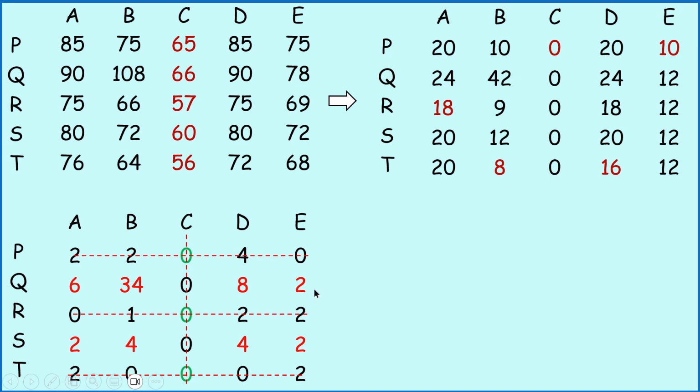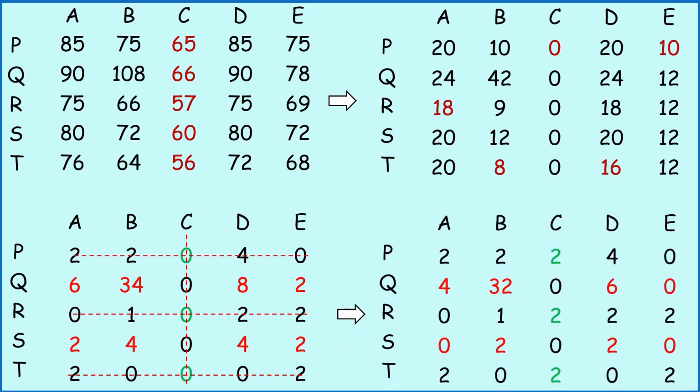The 2 is the lowest element, so subtract 2 from every uncovered element. If we subtract 2 from every uncovered element, the resultant matrix will be like this. So 6 minus 2 is 4, 4 minus 2 is 2, 8 minus 2 is 6, 2 minus 2 is 0.